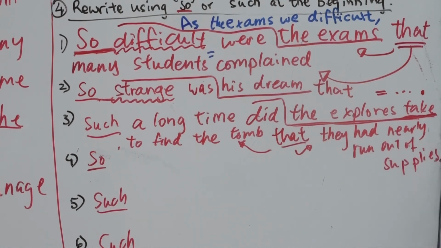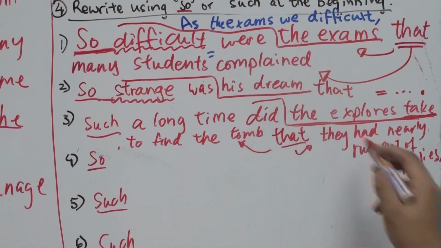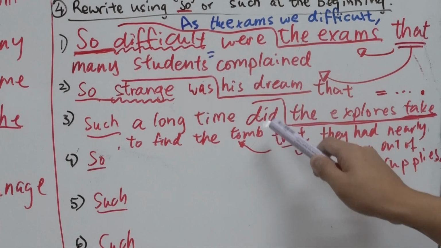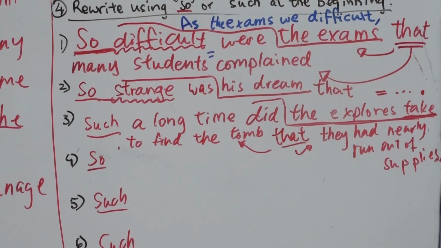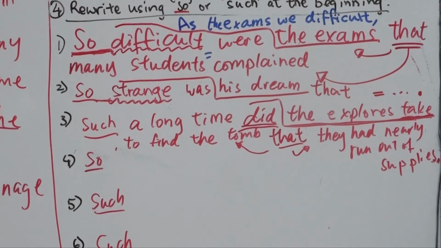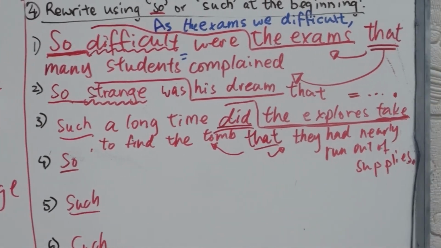Okay, full stop. This is the reference, right? Nearly run out of supplies and the long time they took. Alright, so this is long but it's easier, right? All you have to do is put a reference or an emphasis, I should say, sorry, emphasis. So this is from the first part, right? Emphatic structure, the first part of the lesson.